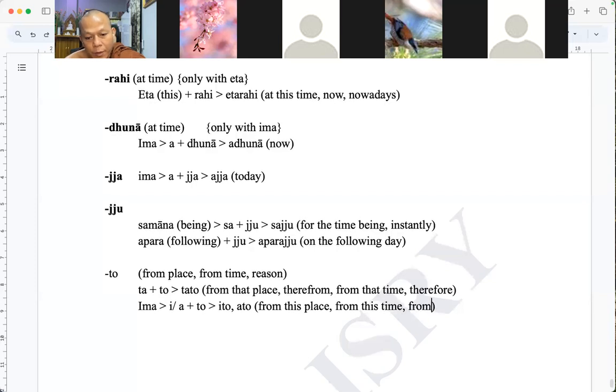And also from here, in this way, here from. But the ito, we don't use for the reason, just that. And then ya, and the door. So ya door also. Okay.